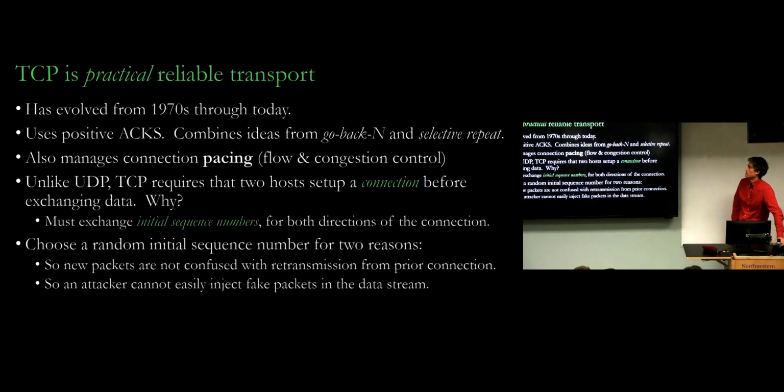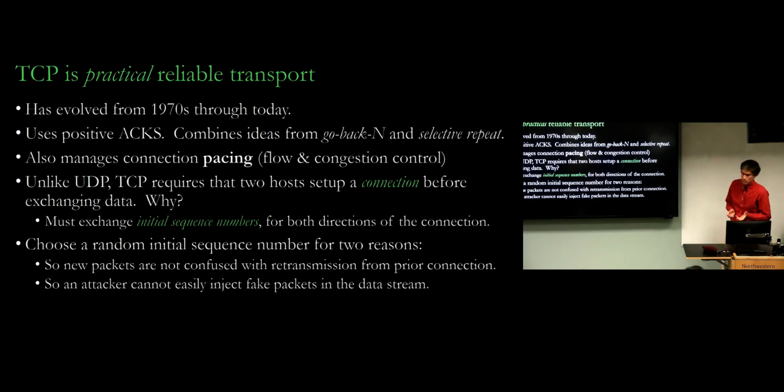Okay. So TCP is reliable transport, like I talked about in the last lecture, but it's the practical, real-world implementation of reliable transport that's evolved from the 1970s through today. So TCP is what's used on the internet for the vast majority of traffic. UDP is not very common, in fact, because usually you have a lot of data to transfer, not just small bits that can fit inside of a UDP packet.